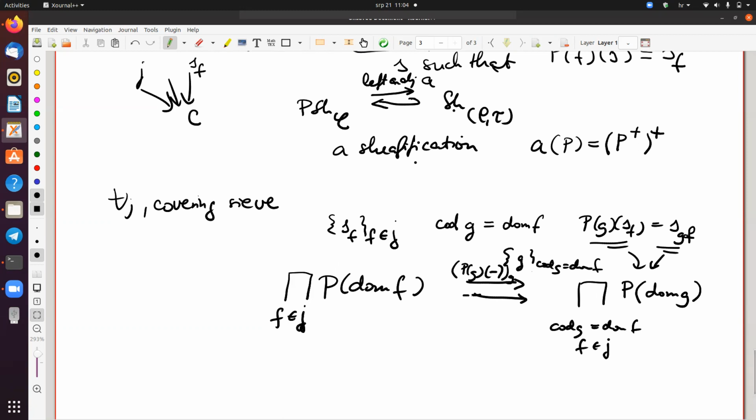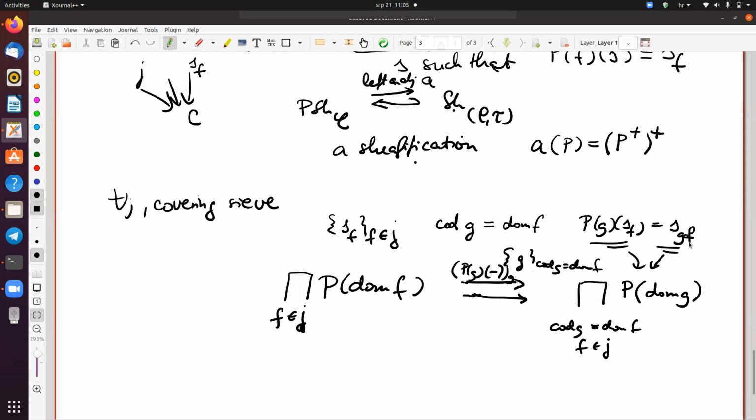But what you can also do, if you have a family of these guys, you can simply send it to every one of these guys. You simply take this as G composed with F, because you can read it from here. There is a map, because S_F's in J, and S of G composed with F is also in J, but some of them appear more than once, possibly.